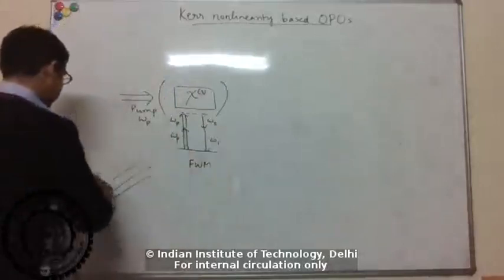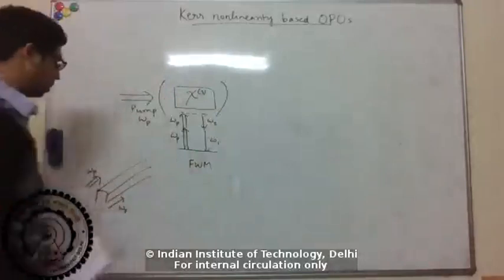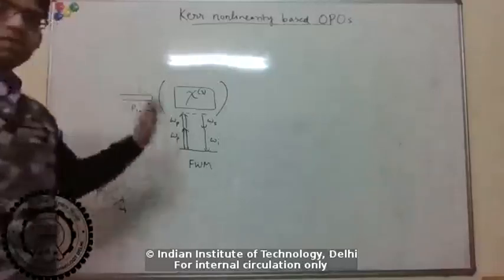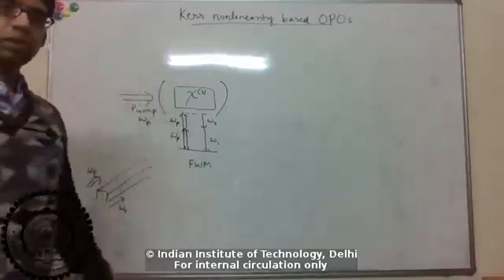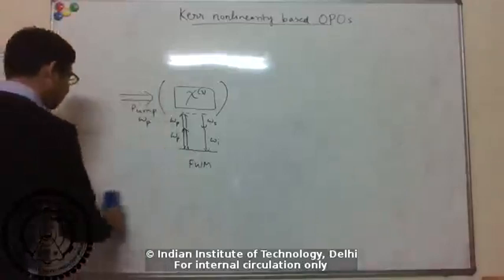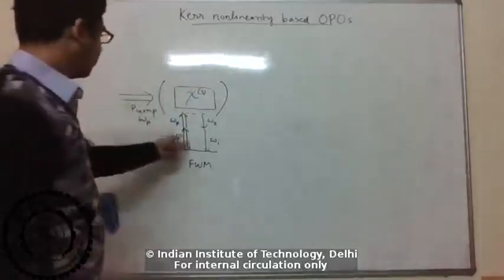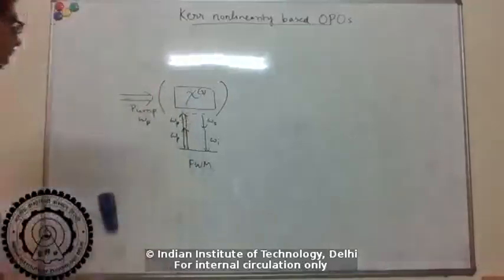And typically we saw for an amplifier at the input, we send in a strong pump and a weak signal. Then as the fields propagate, the signal gets amplified and an idler is generated also in the process, right? Now this process is happening within the cavity, and at the input, we are not sending any signal or idler, we're just sending in the pump, right?